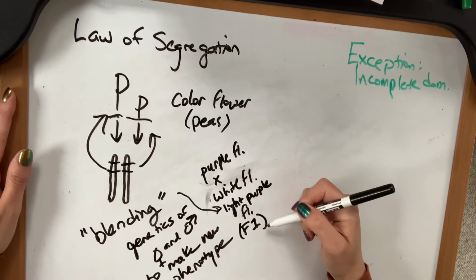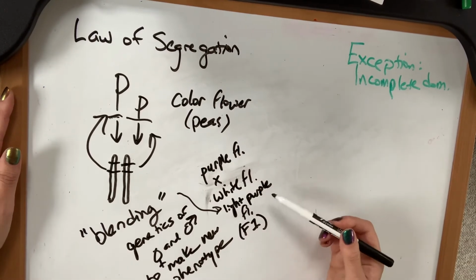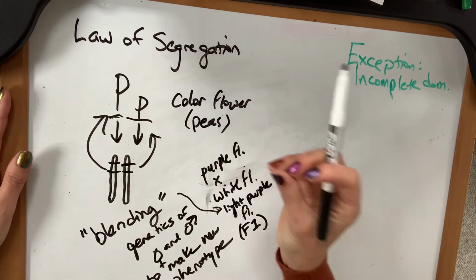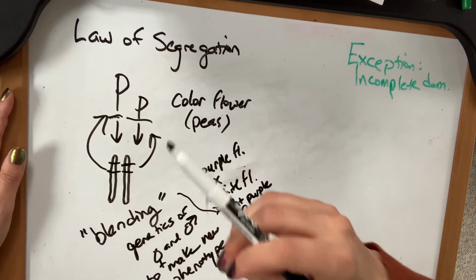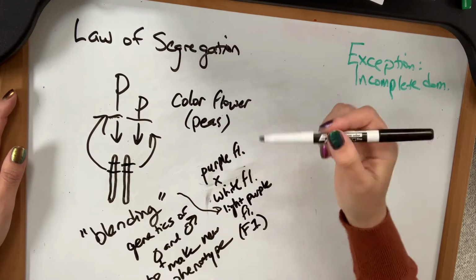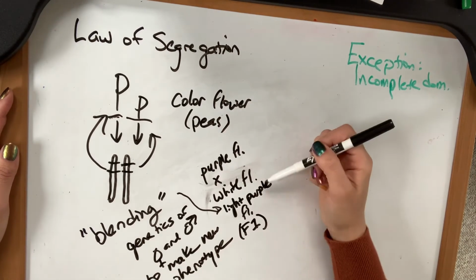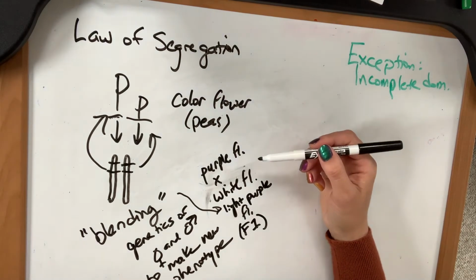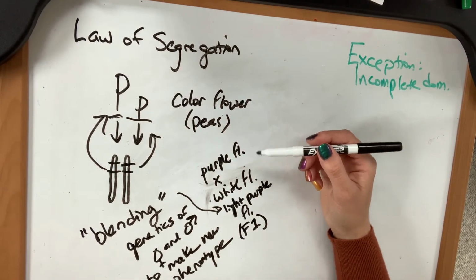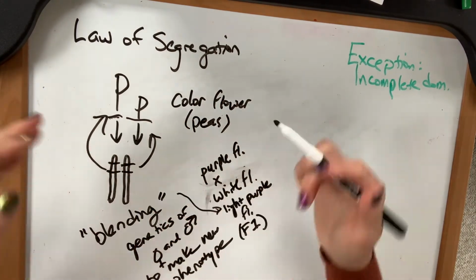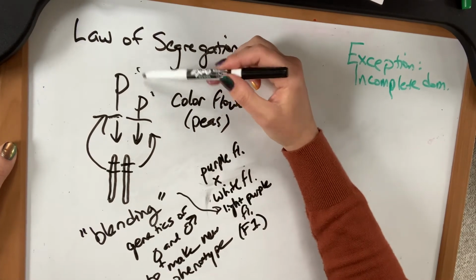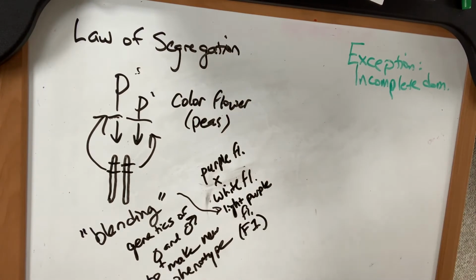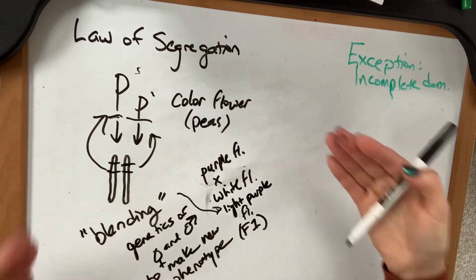In reality, we know that there is no blending because we have distinct physical molecules that code for these phenotypes, and the only kind of blending that we see in reality is just a combination of our two physical codings for these alleles.